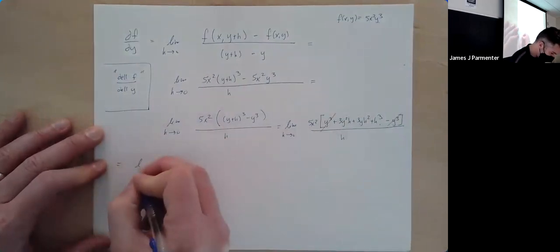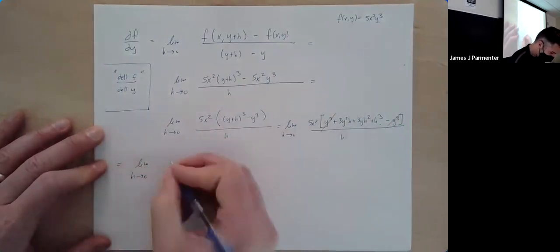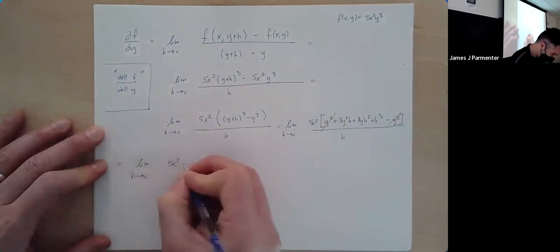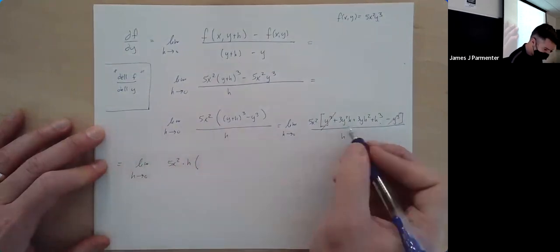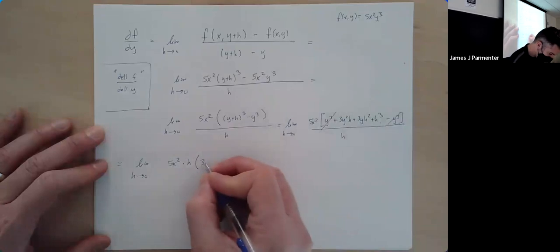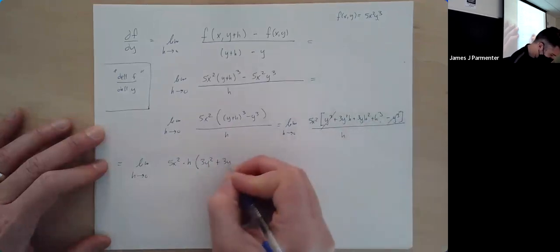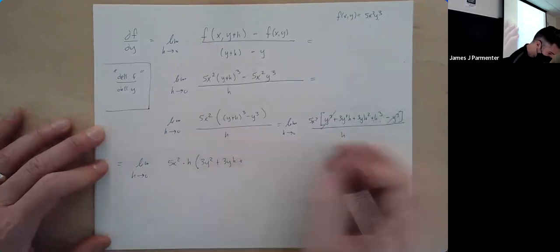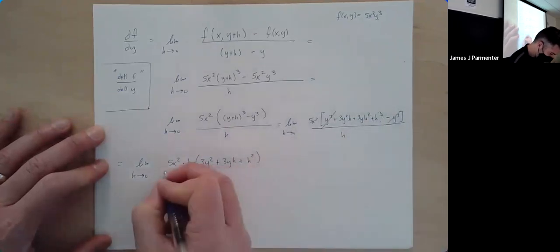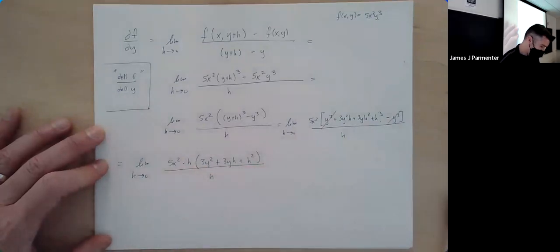So we rewrite this as the limit as h goes to 0 of 5x squared times h times, I'm left with a 3y squared, a 3y h to the first, which I'm just going to write as 3y h, and an h squared, all over h. H is canceled.